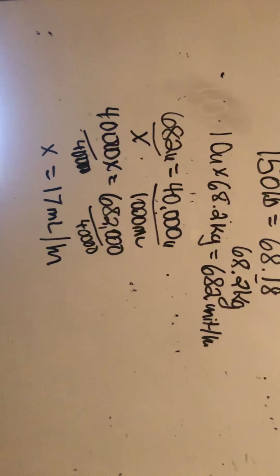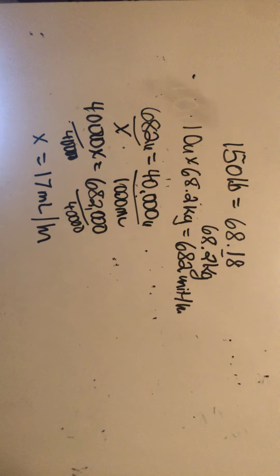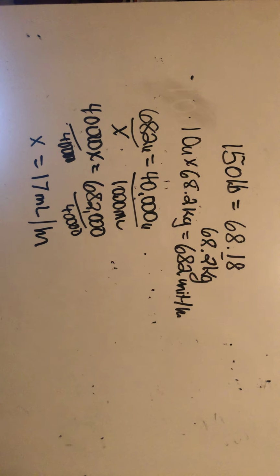So I'm going to scroll back so you can see that. All right. So then we're going to look at this protocol. Okay. So for this protocol, we have our bolus. This says bonus, but it means bolus. It was a typo. Our bolus of heparin is going to be 50 units per kg IV push.